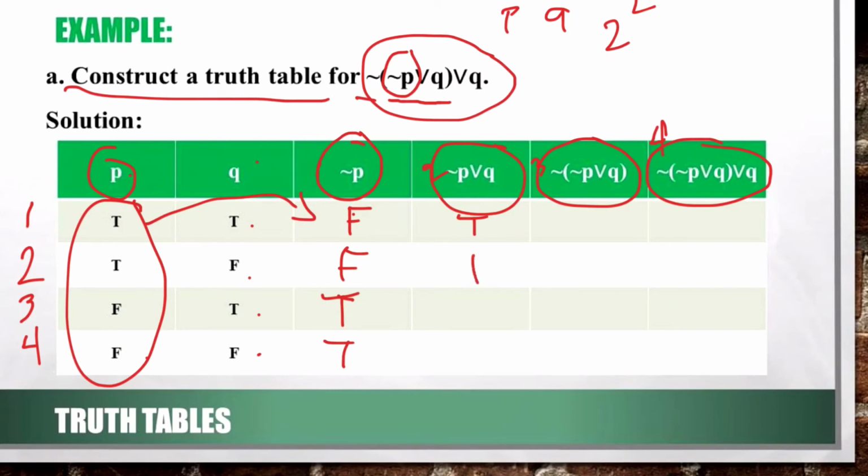False and false, it is false. True and true is true. False and true is true. Bakit naging false yung pangalawa? Kasi sabi nga natin, the only way para sa disjunction na maging false is the both statements is false. So since pareho yung false, then it should be false.